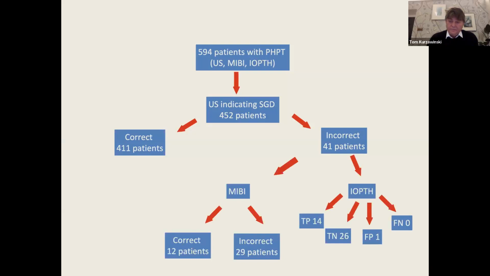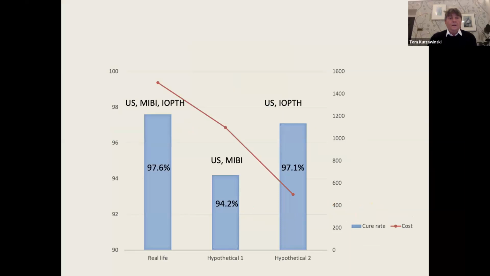While all of this, but one, we had one patient who was not cured in that group, actually IOPTH always tells you to carry on or to stop. So it completely opened in our mind the possibility of doing this operation in certain situations on the strength of the ultrasound alone.